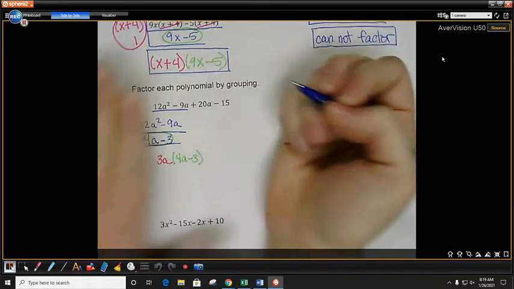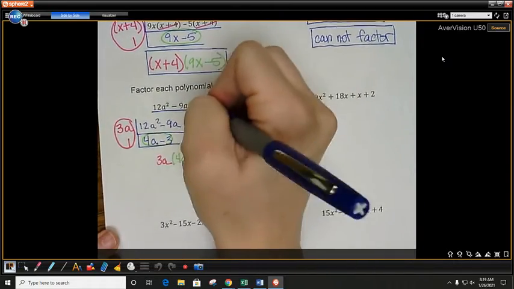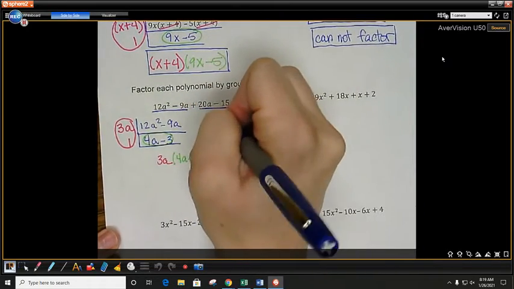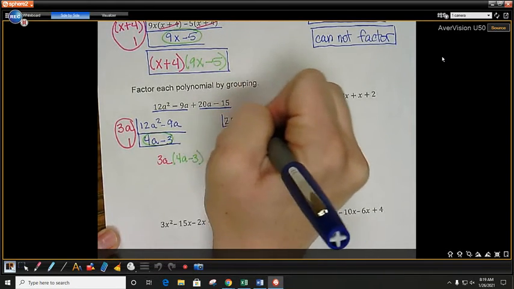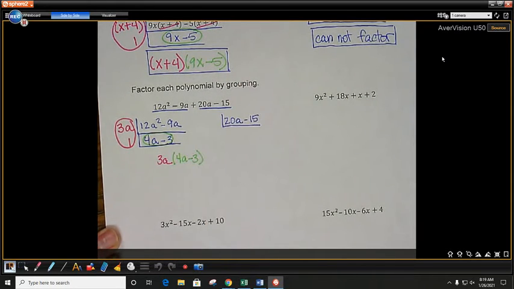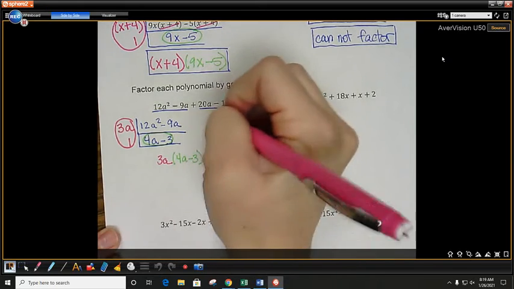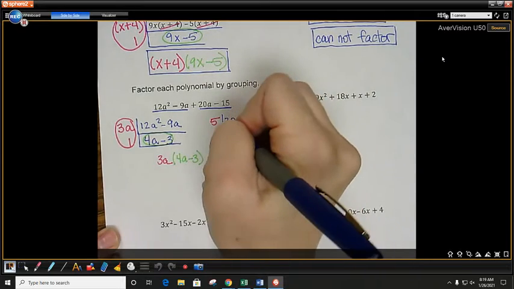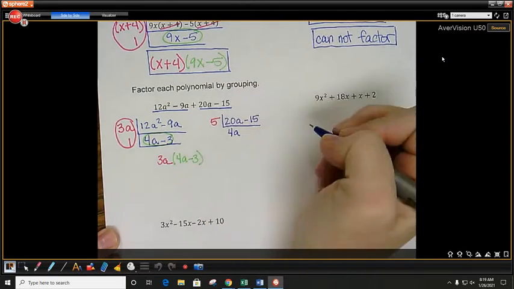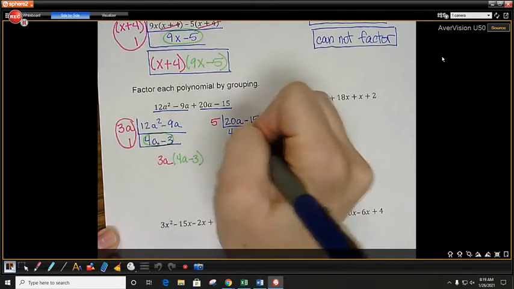Now I'm going to pretend this part doesn't exist and just look at the last two terms. So this is a positive 20a minus 15. 20 and negative 15 are both divisible by 5, so I'm going to factor out a 5. 20 divided by 5 is 4a. Negative 15 divided by 5 is negative 3.